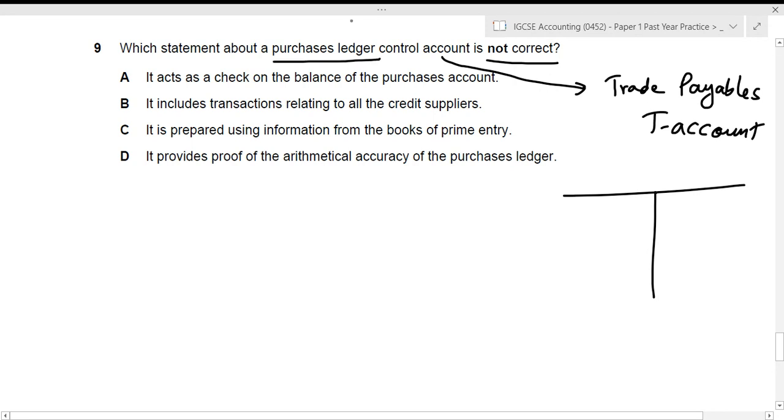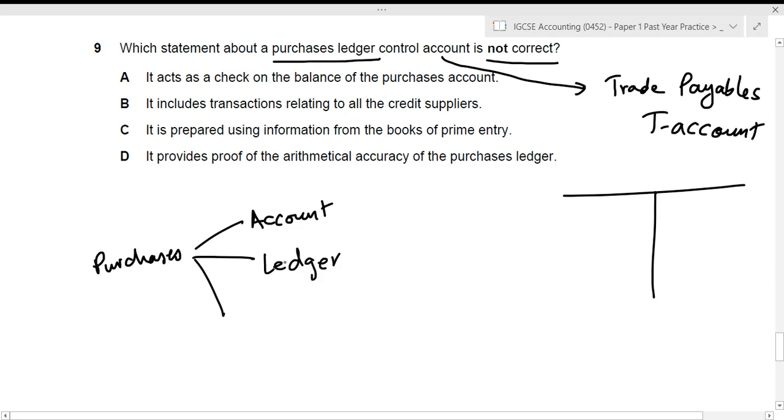Now, a lot of students may get confused that purchases ledger means purchases account, but remember that we will understand there are three different things. One is purchases account, we have purchases ledger, and we have purchases journal, and these three things are totally different.